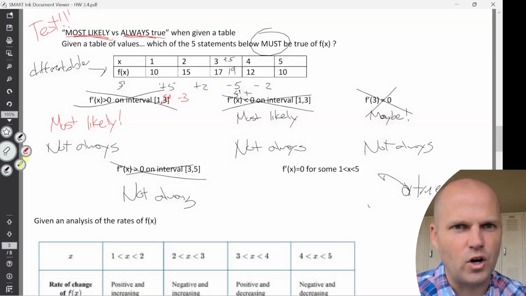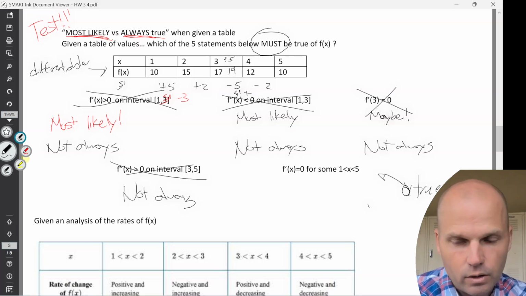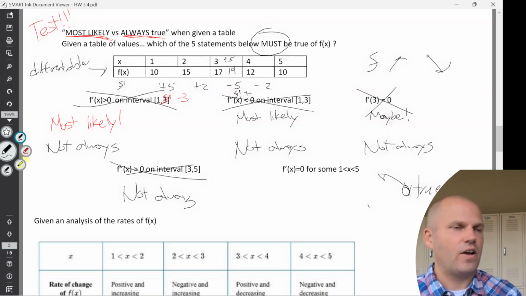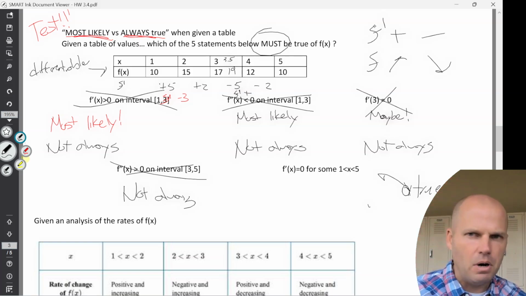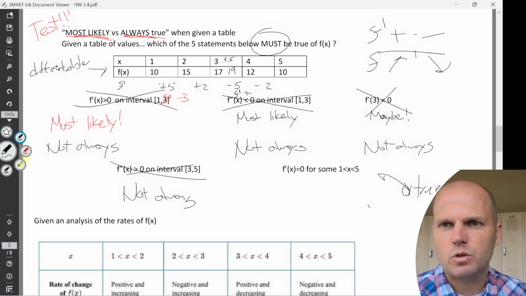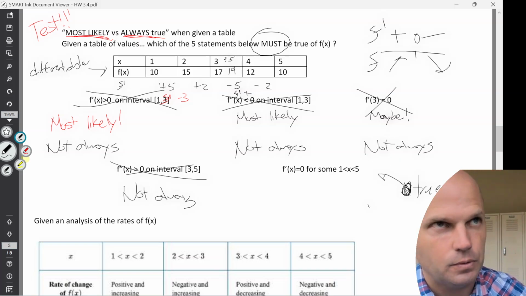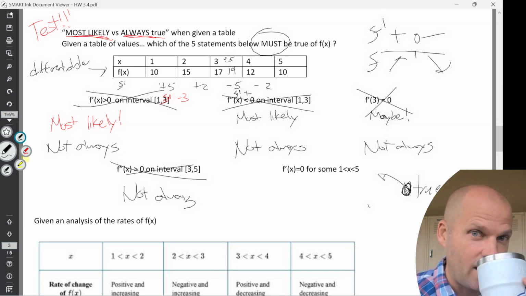It does go from increasing to decreasing. F will increase and will have to decrease eventually, which means the signs of f prime must go from positives to negatives, which means we must cross through a zero. This is definitely true. So there's only one of these statements that has to be true.